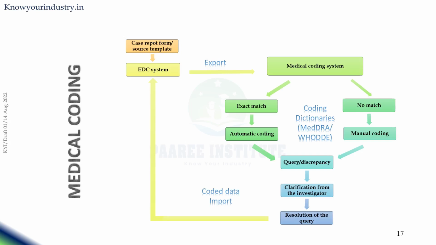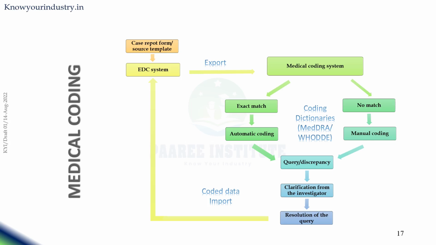From the case report form or source template, the data is entered into the ADC system. The required data is exported and sent for medical coding. If it's an exact match, then automatic coding will be performed. If there is any query or discrepancy, a clarification will be received from the investigator, and after resolution of those queries, the coded data will be imported into the ADC system.